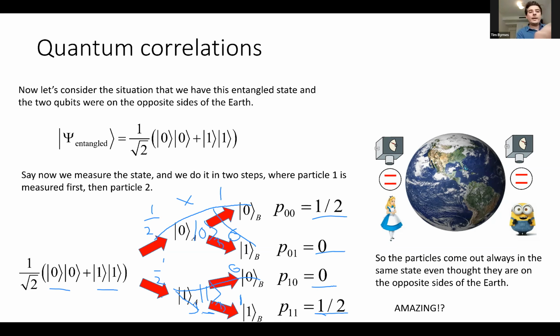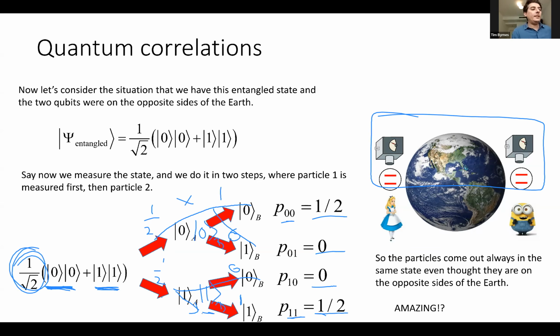If we view these two guys as a single measurement device, then what we basically say is that, obviously just from the way the state is written, the outcome 0, 0 happens with the probability half because it's just this coefficient squared, and the outcome 1, 1 happens with probability half because it's this coefficient squared, and then the 0, 1 and 1, 0 are not there, so the probability is 0.